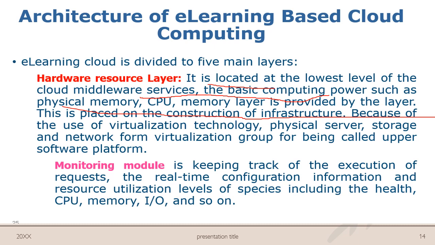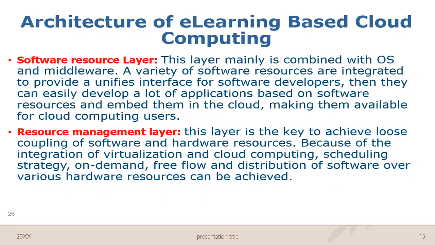This is placed on the constructions of infrastructure because of the use of virtualization technology; physical server, storage, and the network form a virtualization group called the upper software platform module. Monitoring module is keeping track of the execution of the request, the real-time configuration information, and resource utilization levels of the resources, including the health, CPU, memory, IO, and so on.